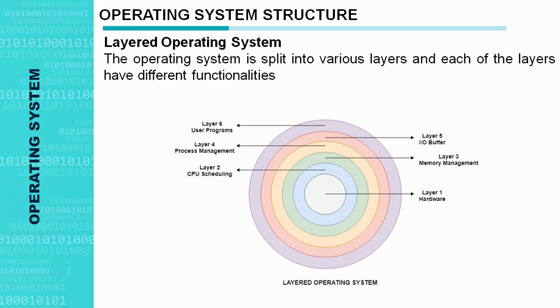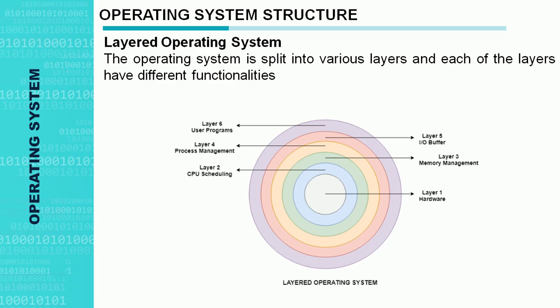All the layers can be defined separately and interact with each other as required. It is easier to create, maintain and update the system in the form of layers. Each layer in the operating system can only interact with the layers above and below it.